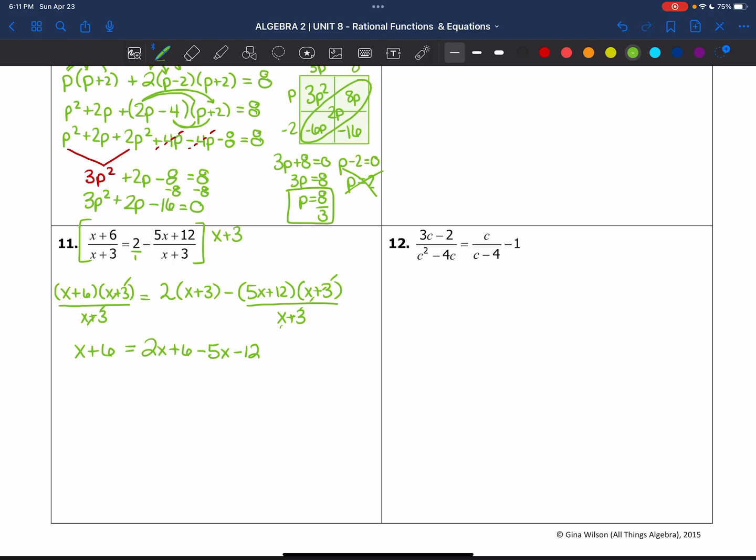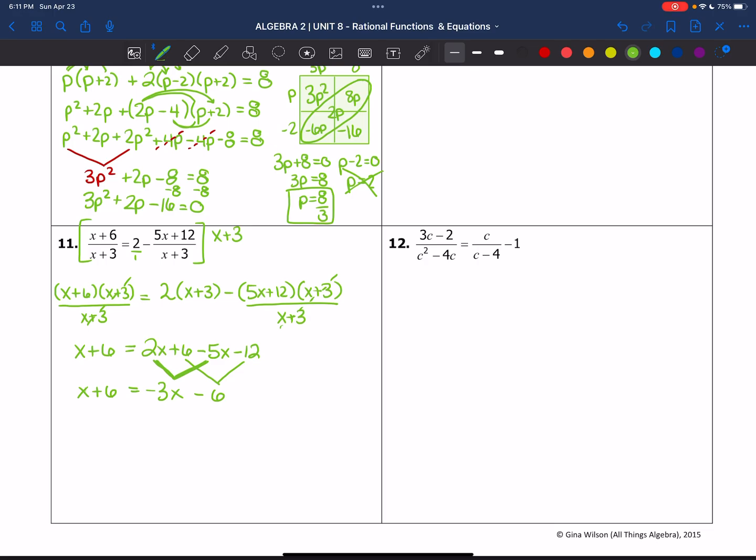All right, let's just clean this up a little bit. I've got some terms right here on the same side that can combine. This is going to just come down. But on this side, I've got a negative 3x. See how these two combine to give us a negative 3x. And then my 6 and my 12 are going to combine to give me a negative 6.